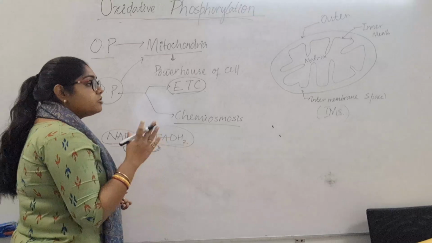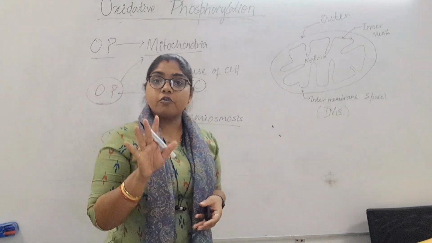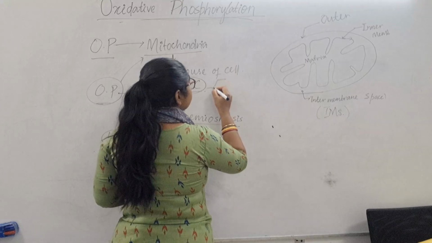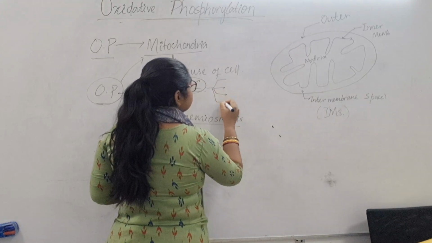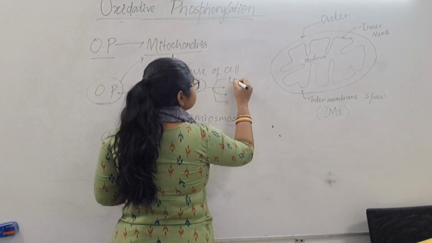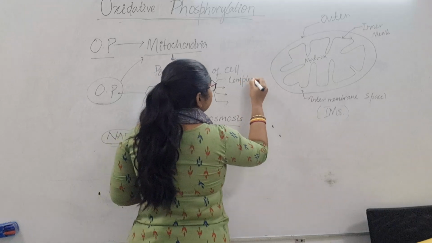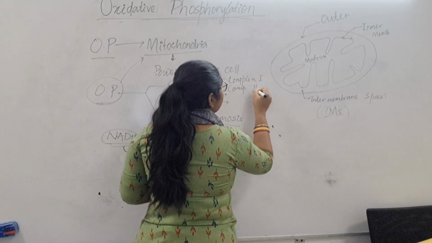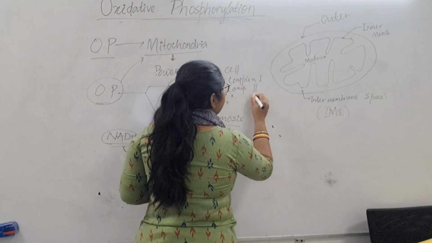Electron transport chain consists of 4 complexes, which are known as complex 1, complex 2, complex 3 and complex 4.